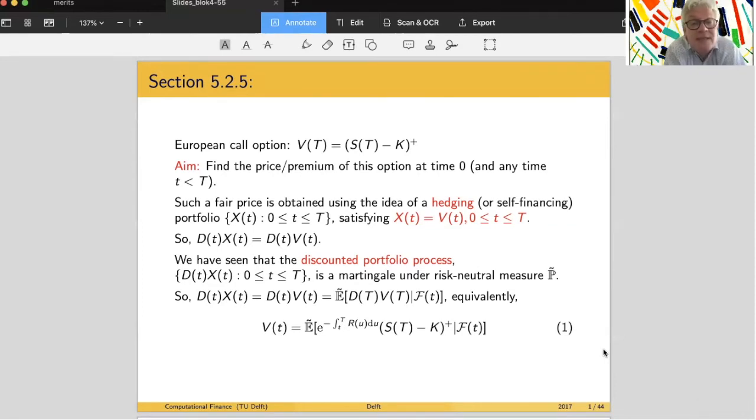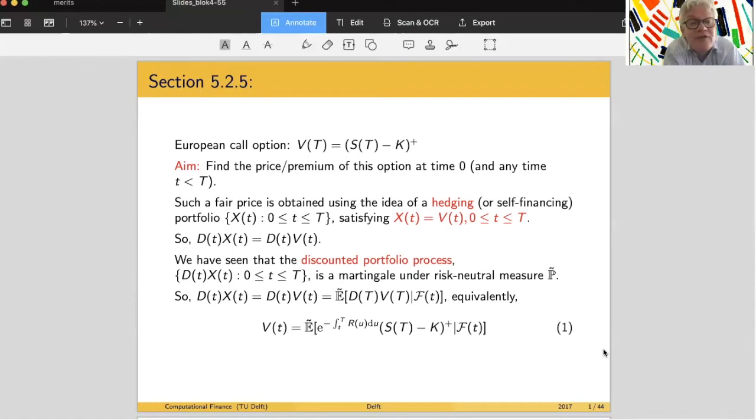And that means that, in fact, the expectation under the P tilde measure of the discounted process D_T V_T at capital T, given our knowledge until time little t, should be equal to the discount process at little t times the option value at little t.